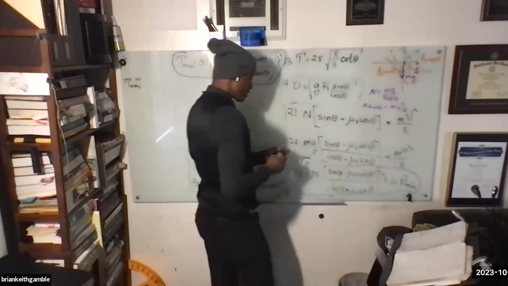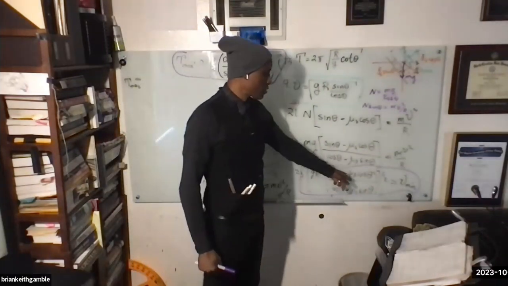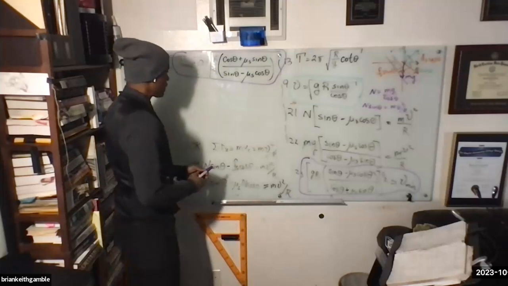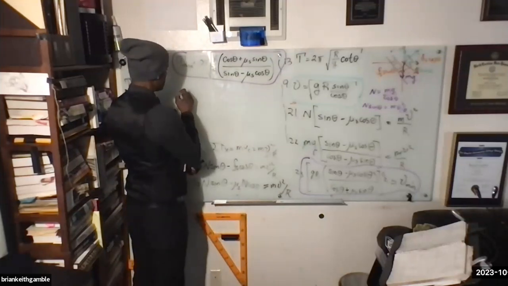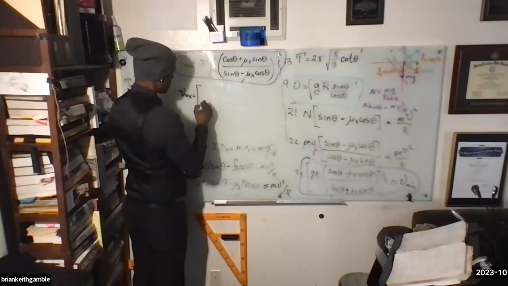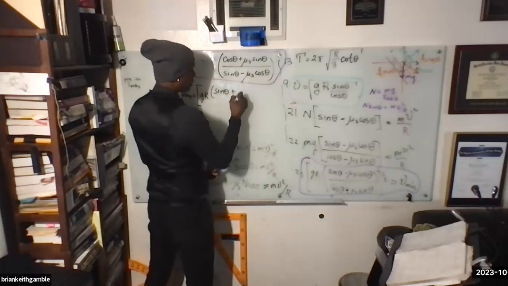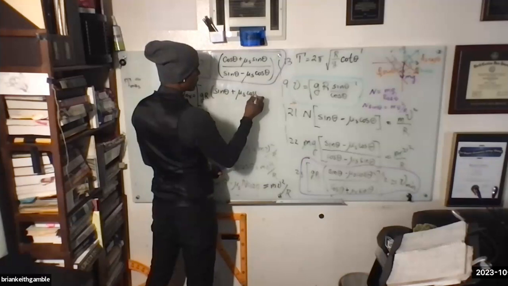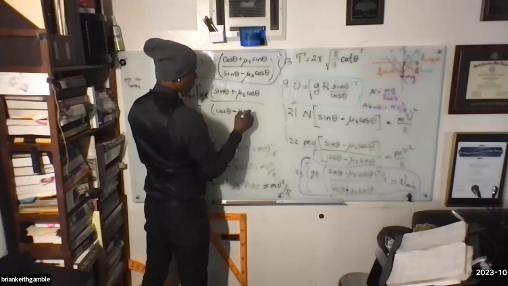So that's tantamount to just going through the equations, and wherever there's a term that has a coefficient of friction on it, because you know that's a frictional term, you just change the sign. So V max is going to be the square root of GR or RG times quantity sine of theta plus mu s cosine of theta divided by quantity cosine of theta minus mu s sine of theta.